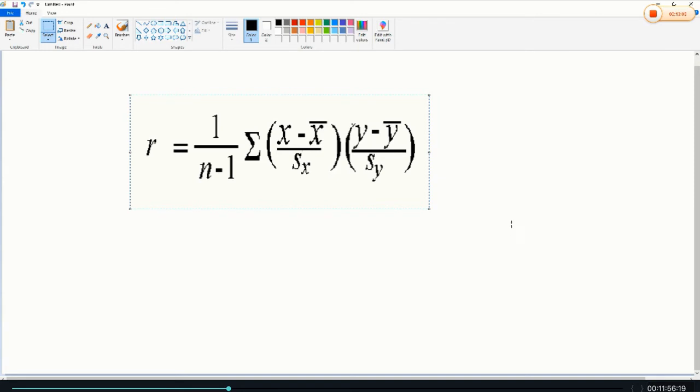The X and Y with the lines over them are read as X bar and Y bar, and are the means. S sub X and S sub Y are the standard deviations of X and Y respectively, and n is the number of terms in the data set.